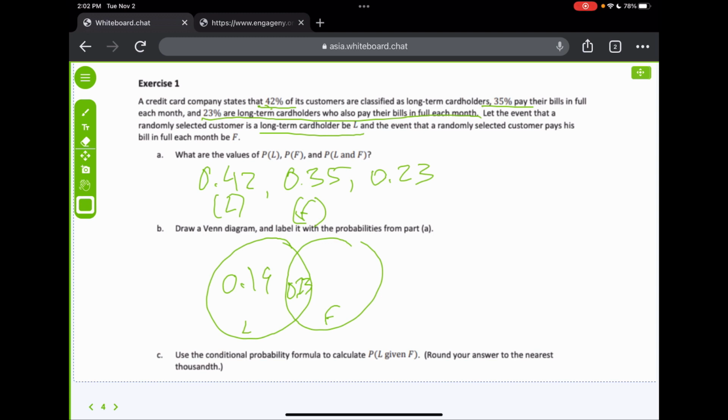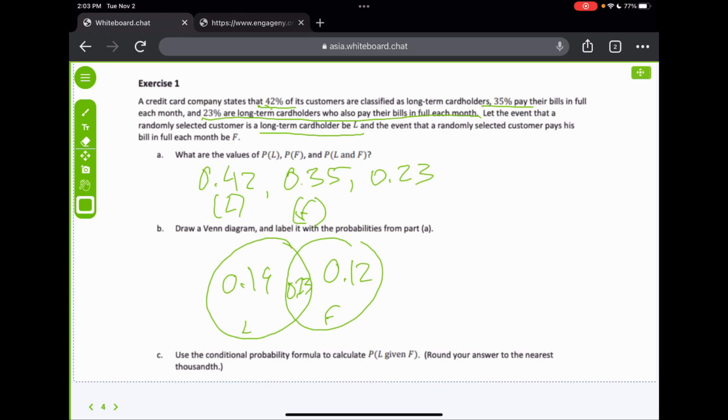If we subtract it from F, that gives us 0.12. Okay. Now, use conditional probability to calculate the probability of L given F.